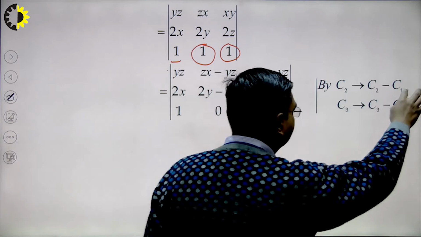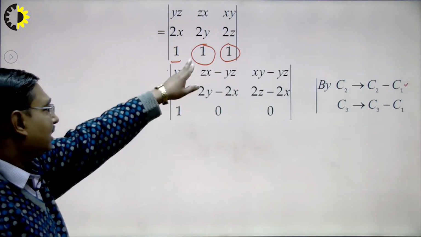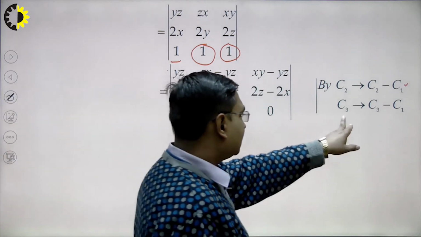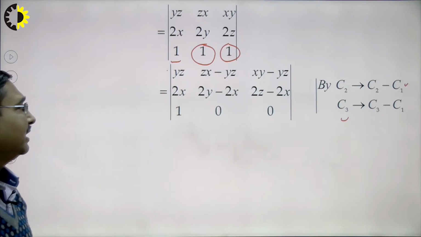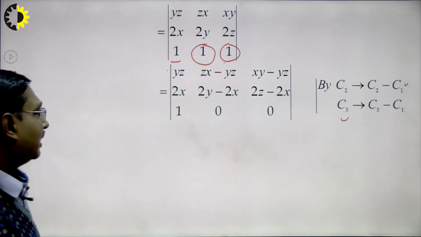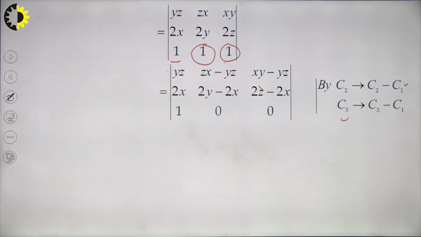If I apply C2 replaced by C2 minus C1, then this element will be transformed to 0. If I apply C3 replaced by C3 minus C1, this element will again be transformed to 0, and accordingly the remaining elements of the columns will be changed.